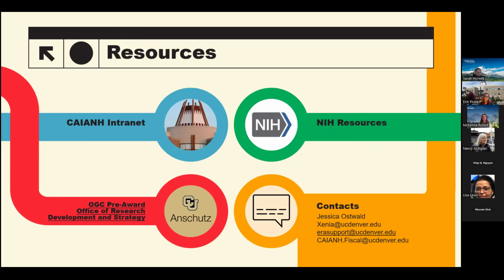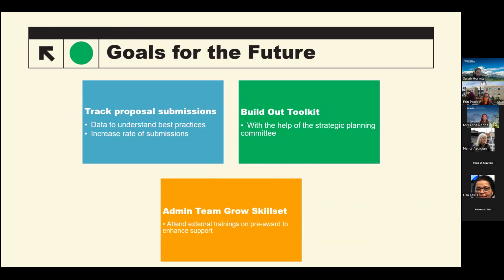Next slide, please. The goals for the future: the Cayenne Fiscal team is building towards a more team-based approach, and along with the process that we've laid out in the previous slides, we have a few goals that will help make our grant portfolio more robust in the long run.